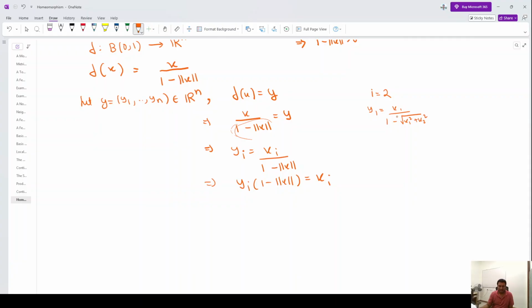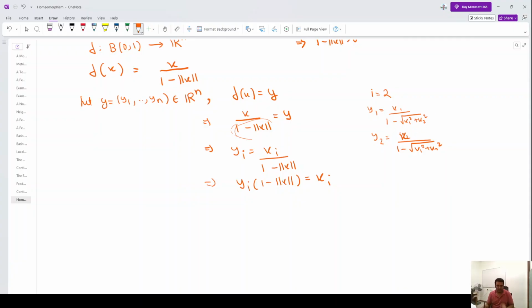And y2 is equal to x2 divided by 1 minus again square root of x1 square plus x2 square. First of all, the very big problem is, can you guess what?